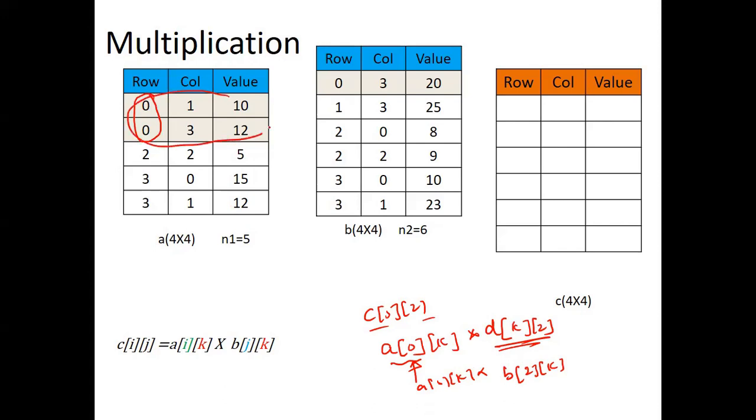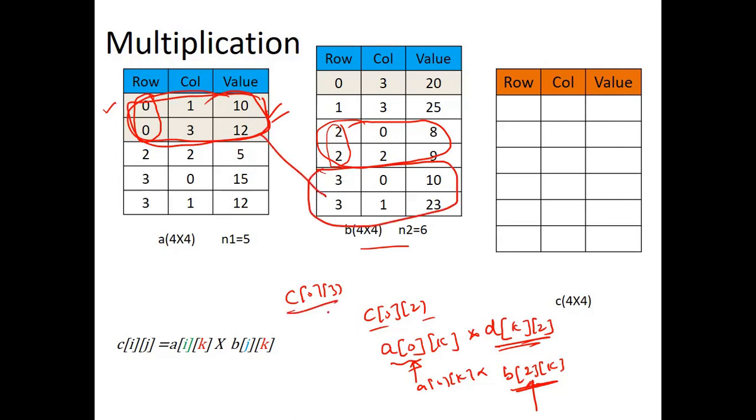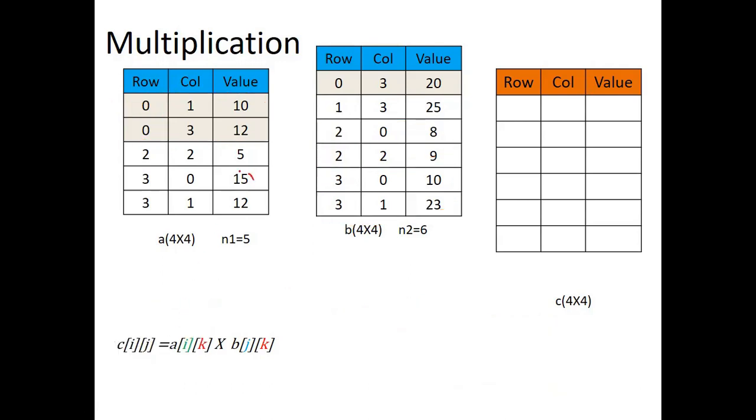All these entries will be part of the evaluation. The 0th row of A, and all entries of the B matrix, which is the transpose version, having row value 2, to find the entry of C02. If I was willing to find the entry of C03, this chunk along with this chunk will come into the picture. Similarly, for finding the entries of C33, this chunk and this chunk will come into the picture.